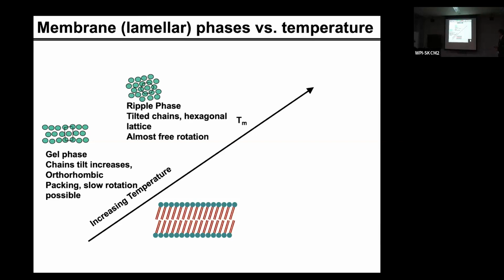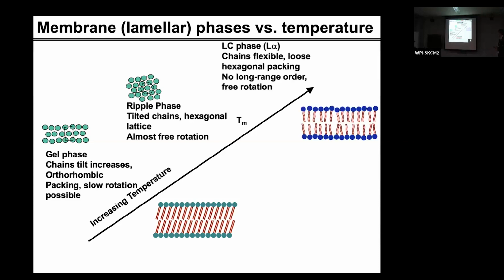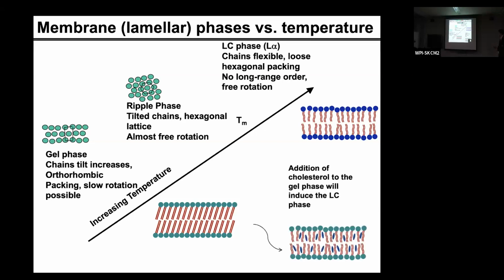As you would increase temperature, you increase disorder. And so, for example, the ripple phase can form. And then eventually L-alpha phase that has no positional ordering and short-range correlations.